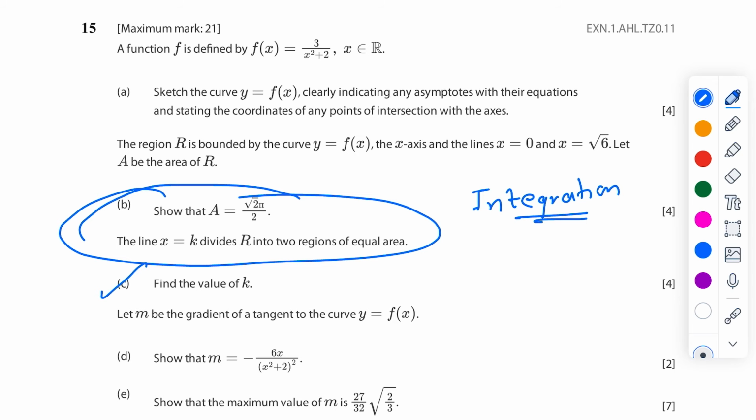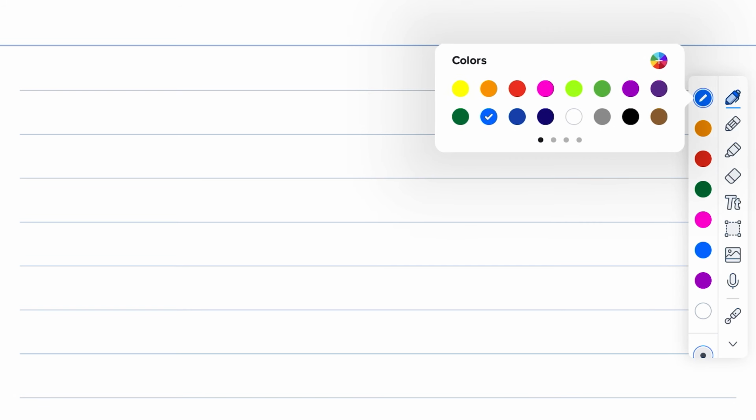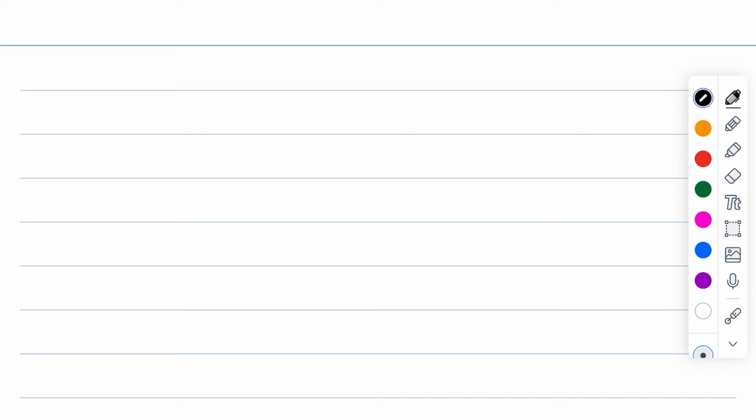Now, given that m is the gradient of the curve, show that m equals this. Gradient means derivative, we can do that one now. So, dy by dx. y equals 3 upon x square plus 2. So, I'm going to find dy by dx.